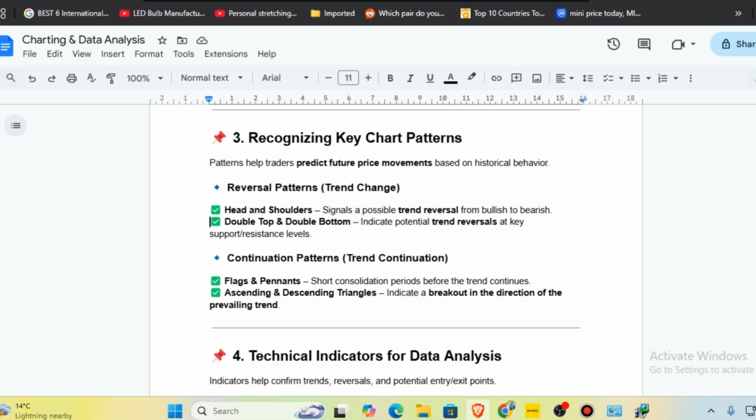So third one is recognizing key chart patterns. If you are not familiar with head and shoulders, double tops, double bottoms, flags, pennants and triangles, you should join our course, which is the powerful chart patterns course. And if you still know these things, then again you can join that course. Why?